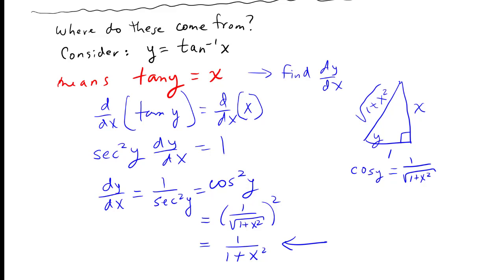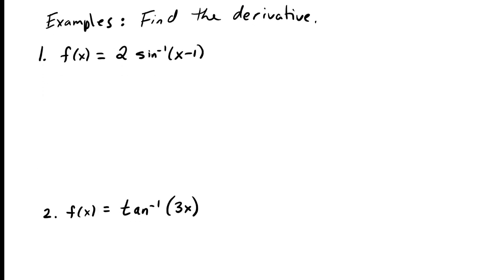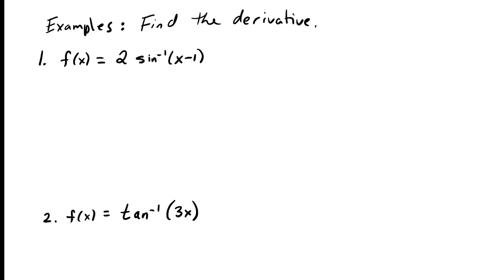Now we don't want to do this each time. We would like to know these derivatives so that we don't have to repeat that every time we want the derivative of inverse tan, but that just gives you an idea where it's coming from. So let's take a look at some examples now. Remember, basically all we've done is we've learned the derivative of a function. Everything else still stays the same.